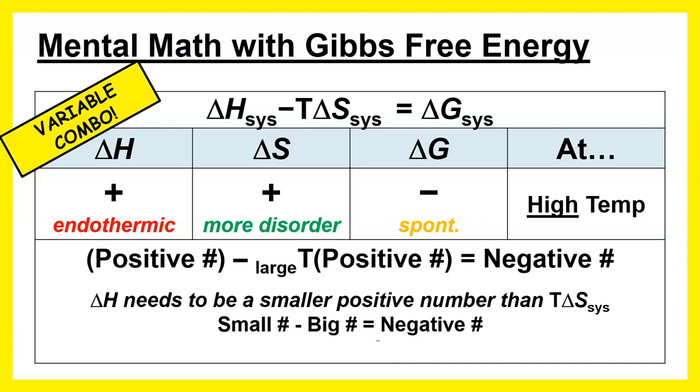So T has to be big enough that this part right here can overcome the bad enthalpy situation. So your delta H needs to be smaller than T delta S, or T delta S needs to be bigger than your enthalpy.